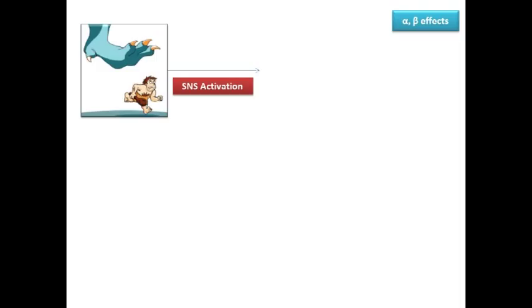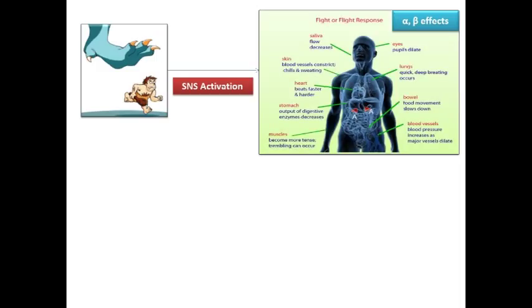I hope you know them. And what happens with flight and fight response are all these things. So it prepares body to tackle the stress. Okay, so that's the effect that is seen when a lot of these hormones such as adrenaline, noradrenaline and so on flows through the systems of the body.